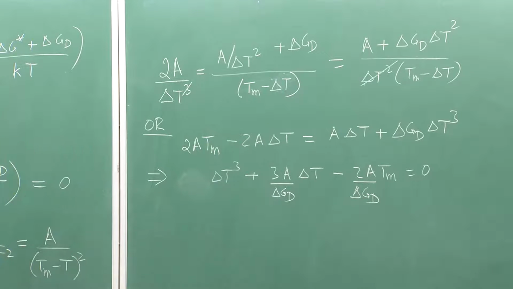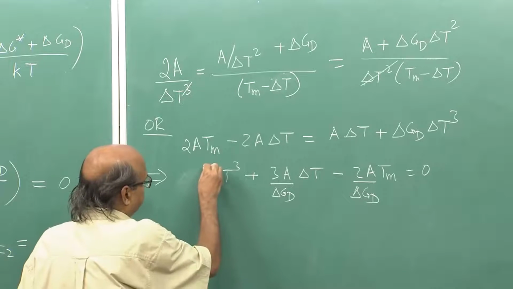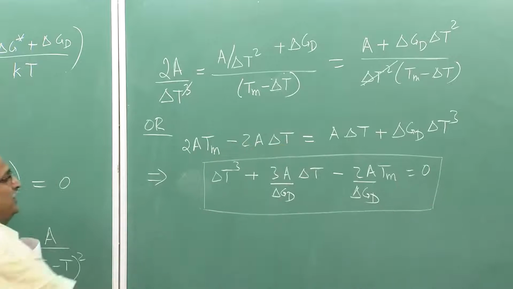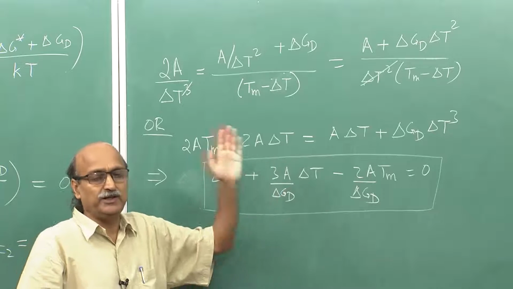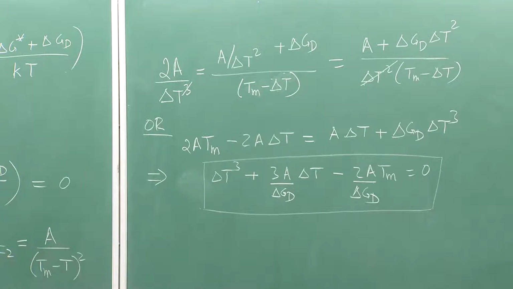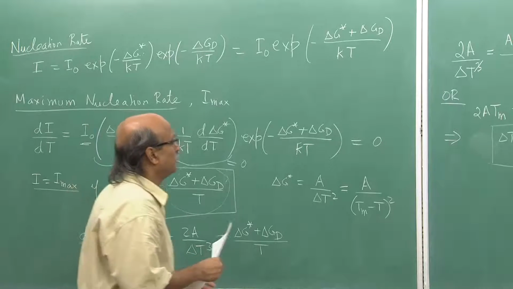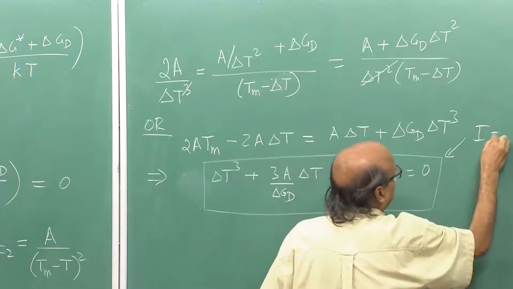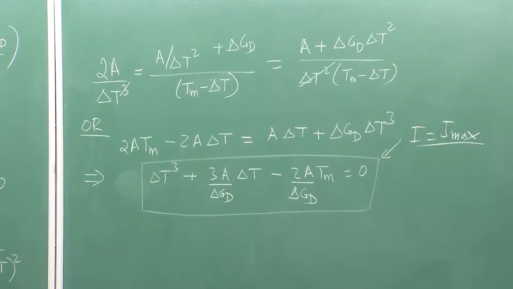So, I will get an equation of this kind. And if I solve for delta T here, this will give me the undercooling required for obtaining the maximum nucleation rate. So, this is a condition for I equal to I max.